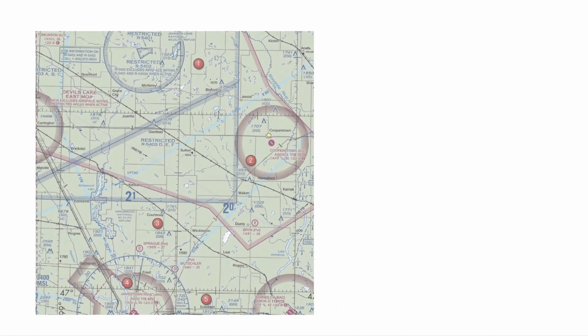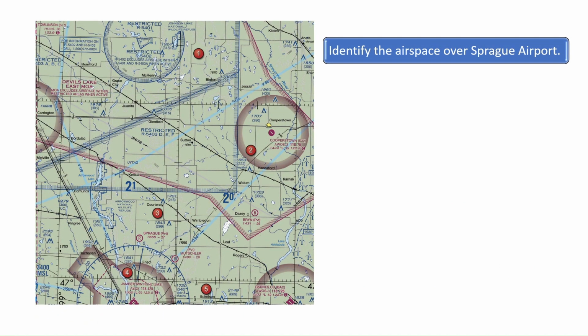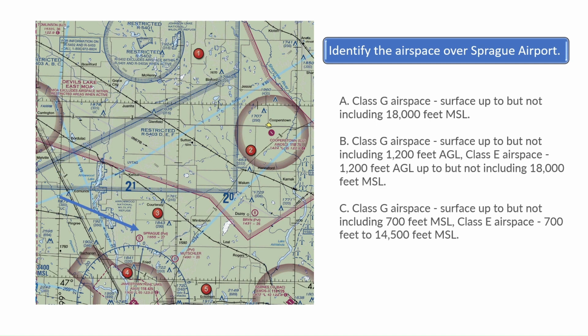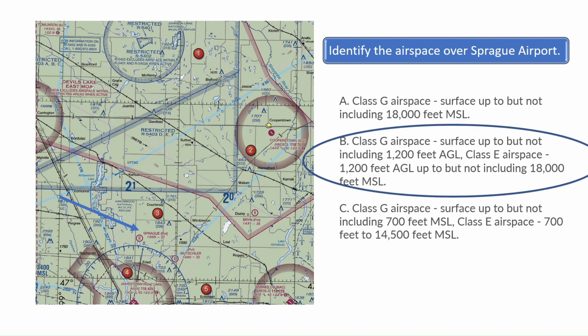Identify the airspace over Sprague Airport. Since there are no magenta bands surrounding the Sprague Airport, we know that the Sprague Airport is in Class G airspace. Class G airspace extends from the surface up to but not including 1,200 feet AGL. Class E airspace extends from 1,200 feet above ground level up to but not including 18,000 feet MSL, above mean sea level.